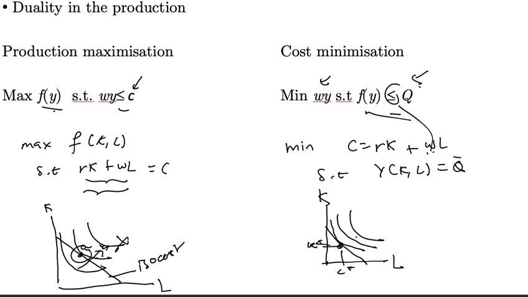So we choose the lowest one, which is here, because there is no budget here. If we have budget here, of course it's possible for us to choose here, but the lowest budget possible is this one. You get what I mean? So that's the idea of duality in production, the connection between production maximization and cost minimization.